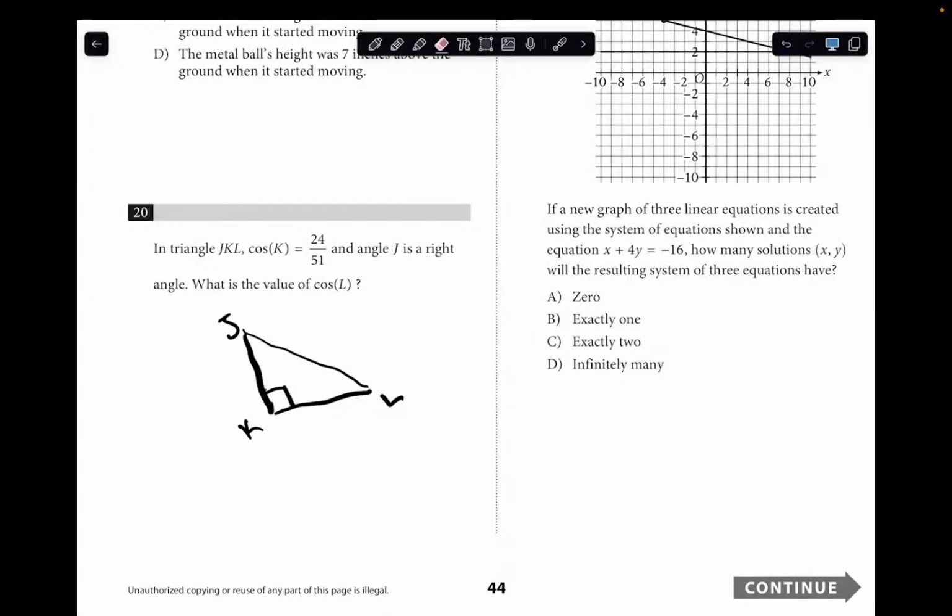Sine, cosine, and tangent. Sine is opposite over hypotenuse. Yeah, sorry. Cosine is adjacent over hypotenuse, and tangent is opposite over adjacent, right?